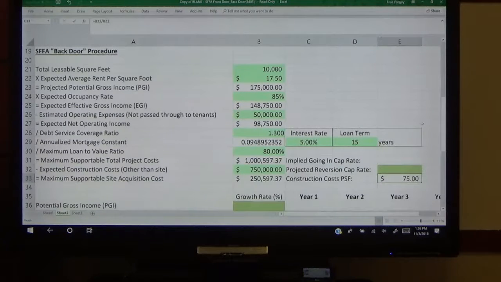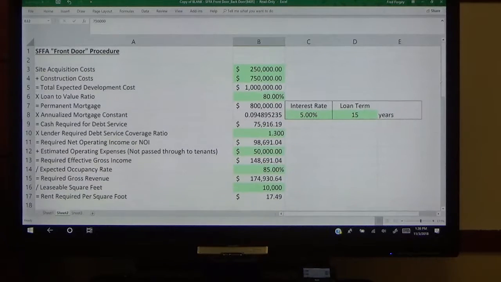If this design feature, whatever it is, is going to cost us an extra $100,000, then all of a sudden we increase our construction cost to $850,000. Well, that raises our required rent from $17.49 to now $18.65 a square foot.